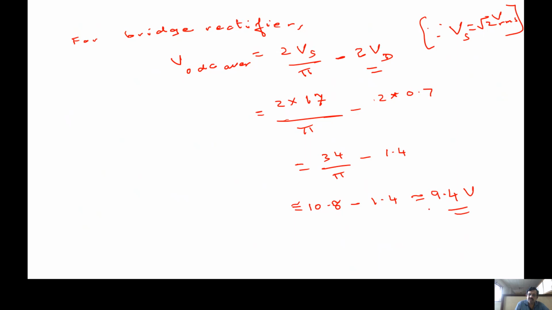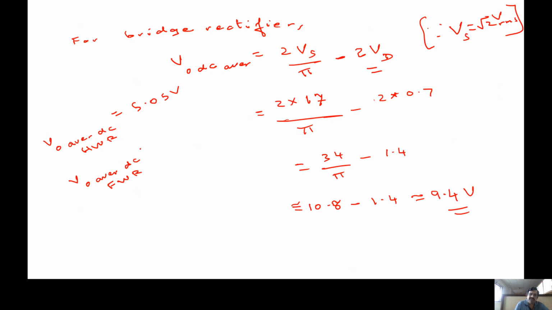Now think about this. V out average DC of a rectifier, we got 5.05 volt for the half wave. For the full wave rectifier, because we have kept the parameters the same, we can compare with a different configuration.